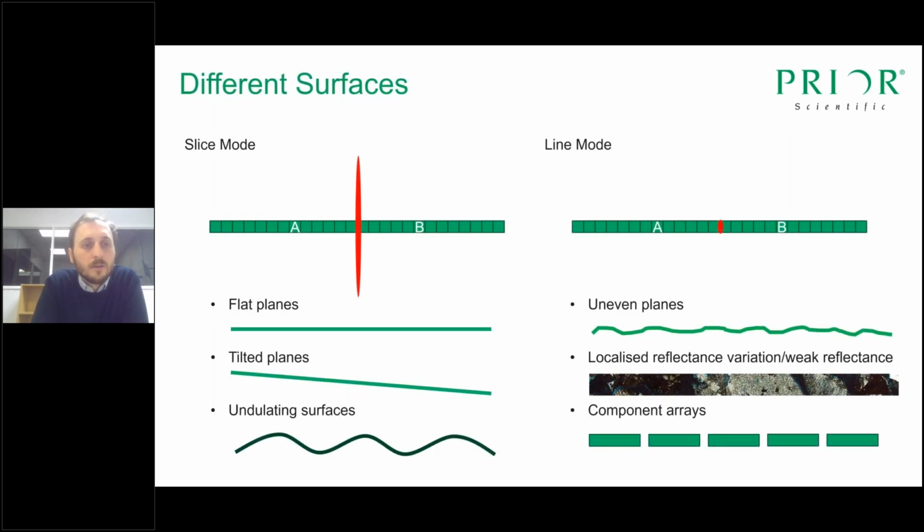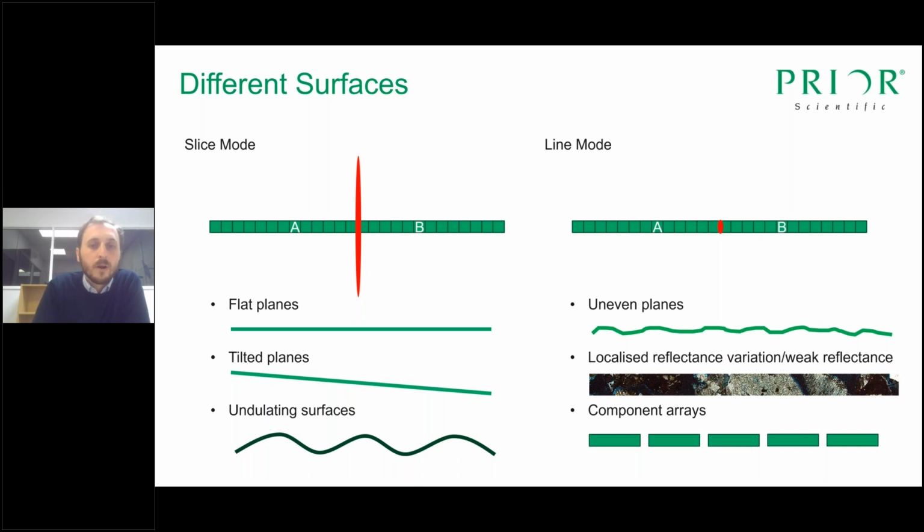Just to give you an overview of which mode is better for different applications: for flat planes and tilted planes such as cover slips and well plate bottoms, or even undulating surfaces as we see in some types of sample, spot mode tends to be better.